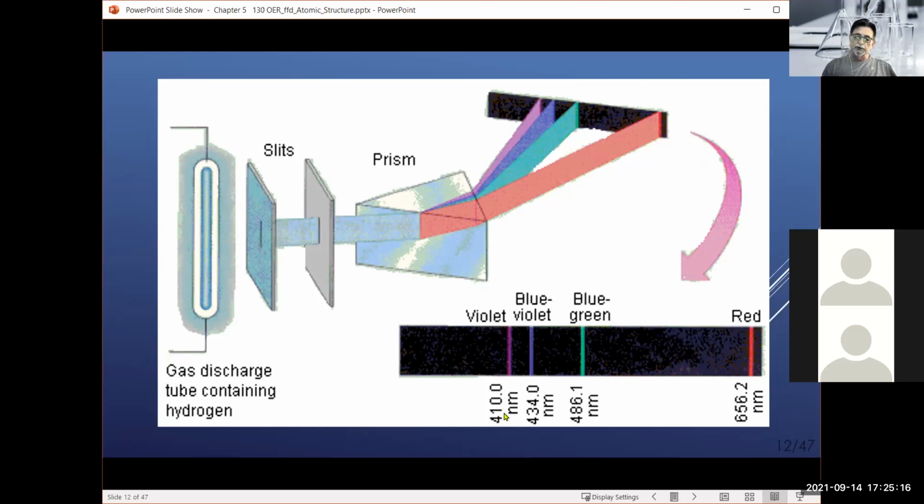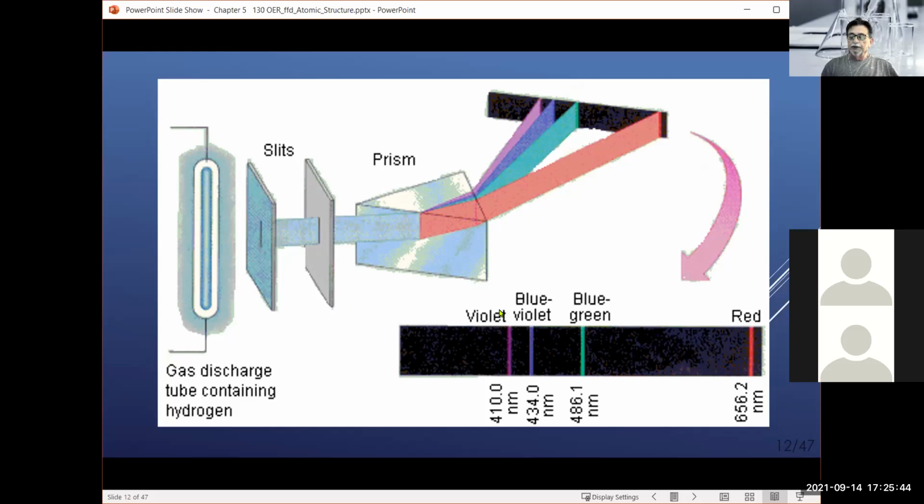So you can see the first one, the violet color is at 410 nanometers, the blue violet 434, and so on and so forth. And the distance between them is a specific amount of energy, because you can calculate from that wavelength an amount of energy, and determine that these electrons have different energy levels, okay?